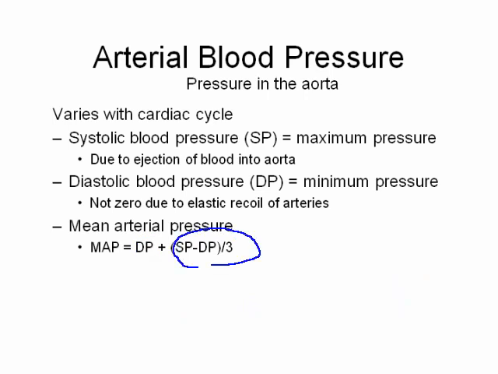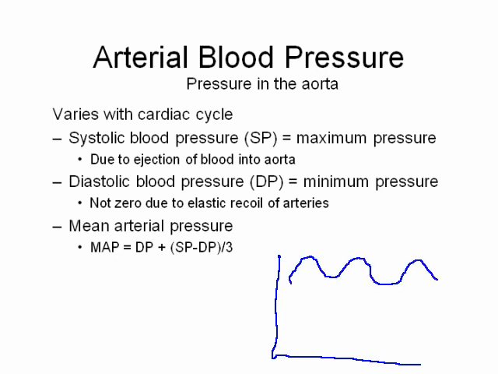Dividing that quantity by 3 and then adding it to the diastolic pressure gives you, if this is a graph of pressure and blood pressure is going up and down around that, the best average of this total amount of pressure by calculating it this way.